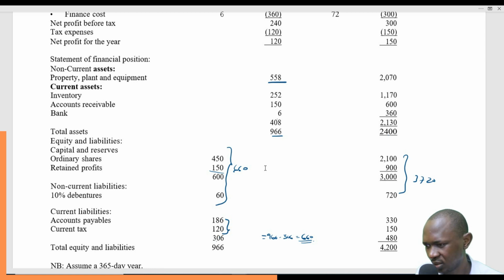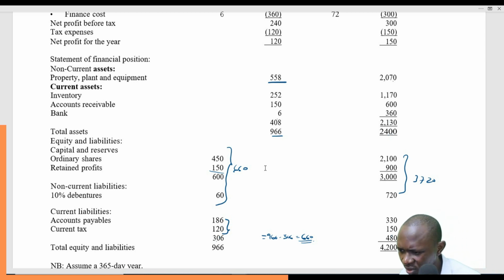And I believe if you take this, the total is 24... minus... what is the total here? 2070. This is 2130 plus that. We get 2400. So 2400 minus... this is 720 plus 480.